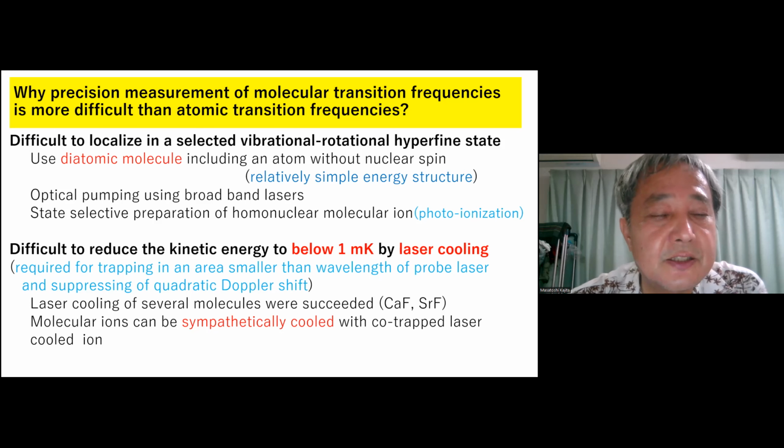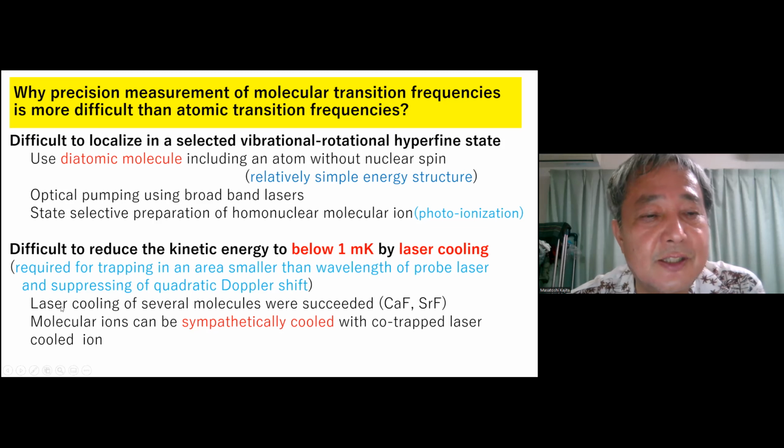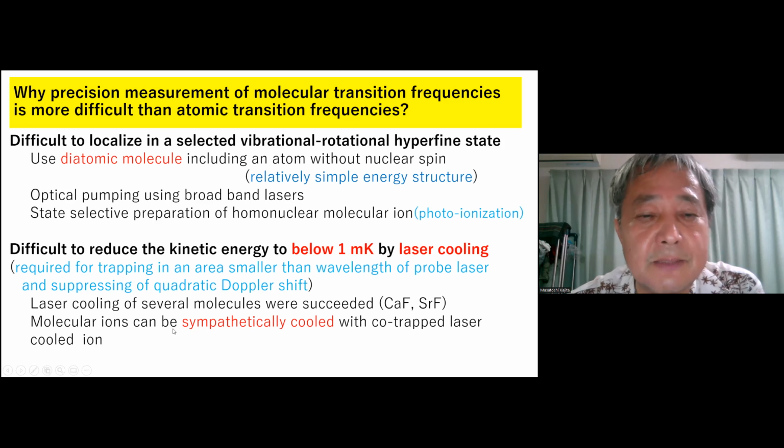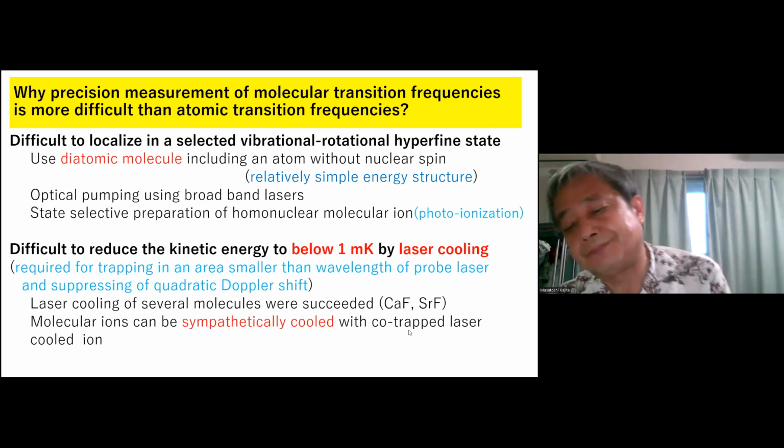And it is required to suppress quadratic Doppler shift by laser cooling. But recently, laser cooling of several molecules has succeeded. I will talk about it later, about calcium fluoride or strontium fluoride. And molecular ions can be sympathetically cooled with a co-trapped laser-cooled ion.